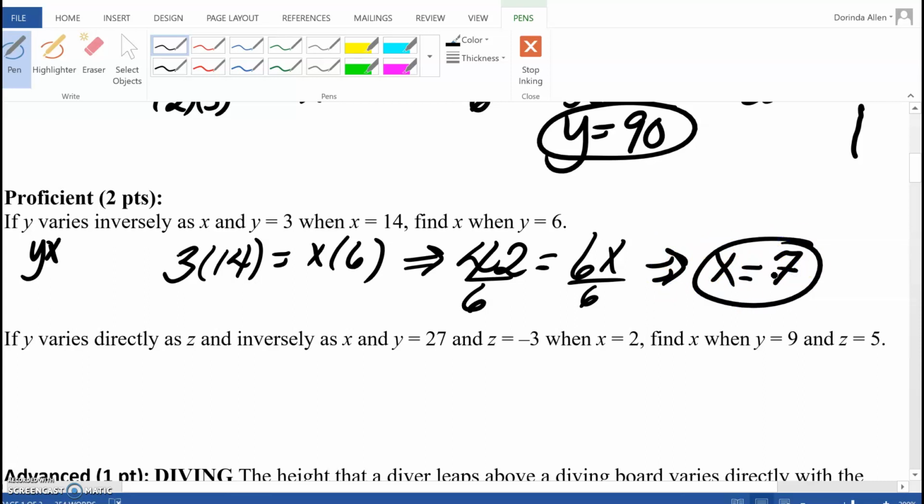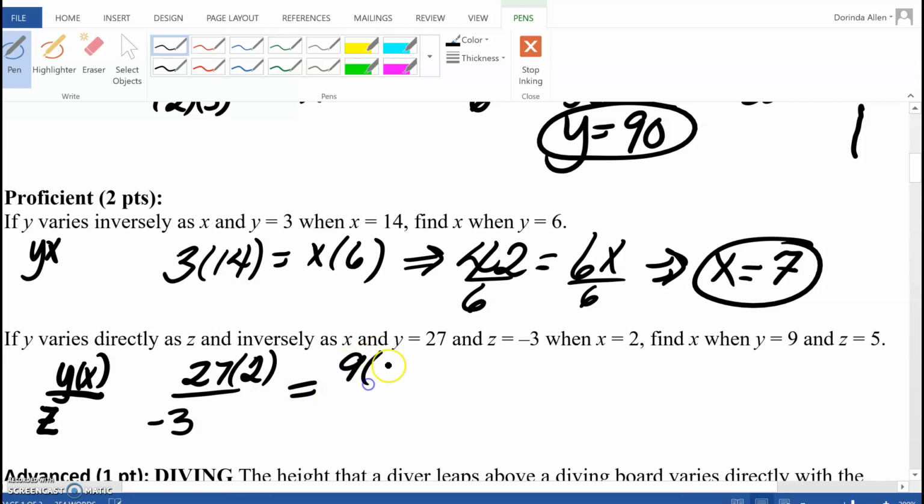If y varies directly as z and inversely as x, so directly is division, so the z is on the bottom, and inversely is multiplication. So that's how our equations are set up. So when y is 27, z is -3, and x is 2. We want to find x when y is 9, and z is 5.